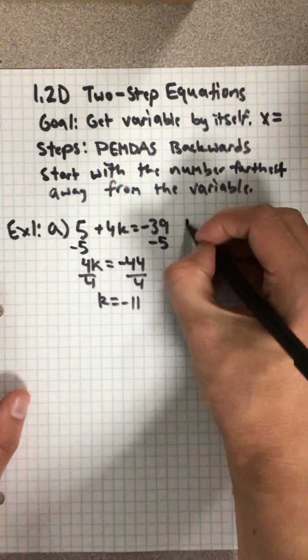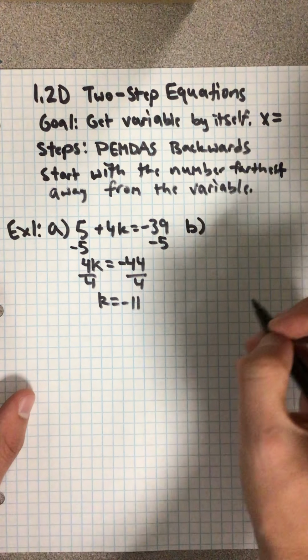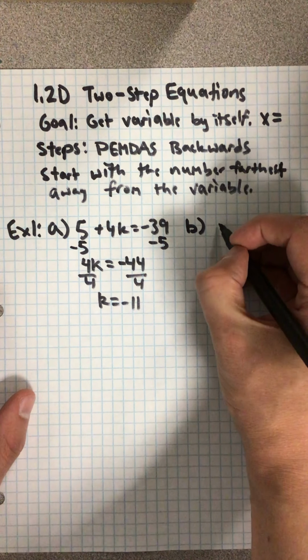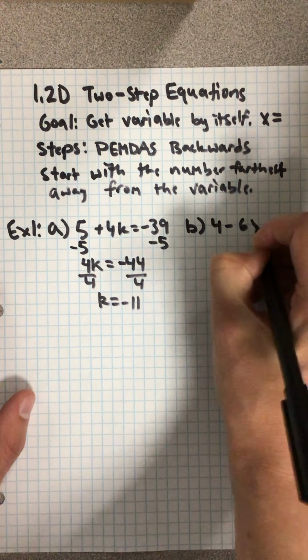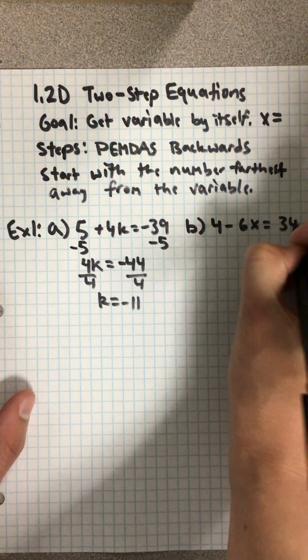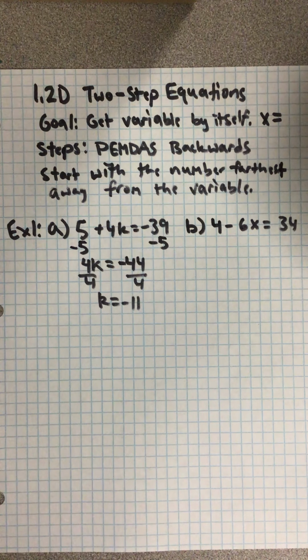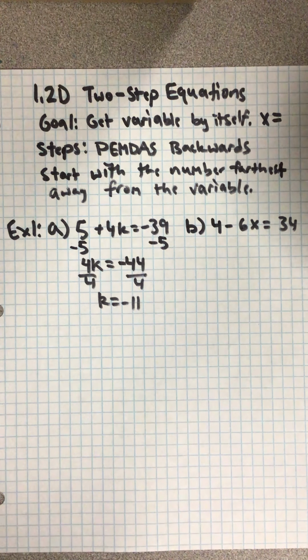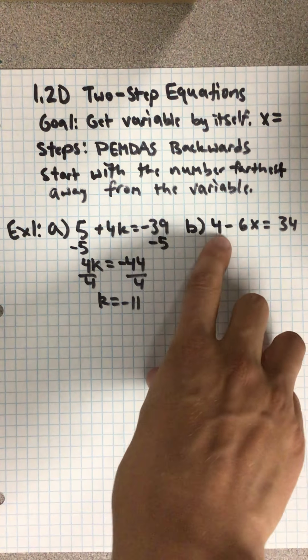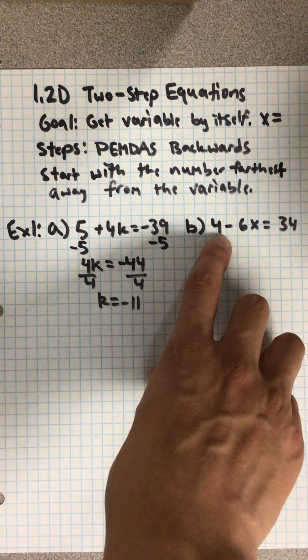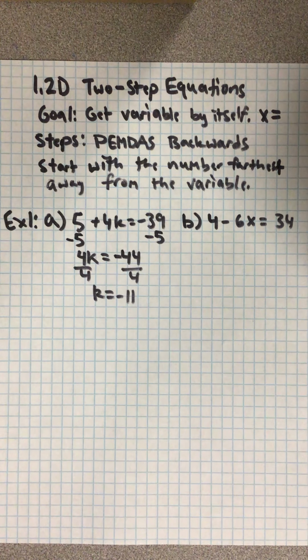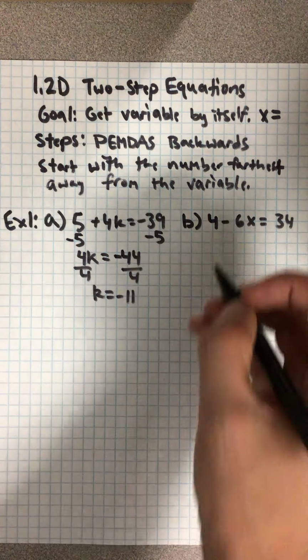Likewise, if we look at B, B is just like A in this first example. So we have 4 minus 6x equals 34. And solving it takes exactly the same steps. We have this positive 4 sitting out here, and in order to get rid of it, we need to subtract it from the other side.